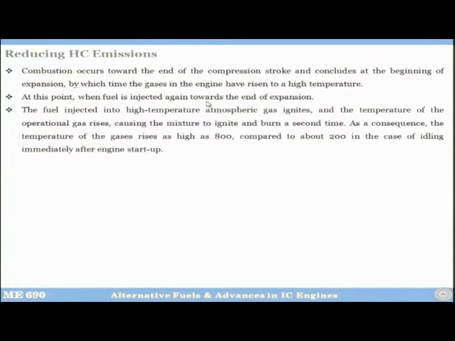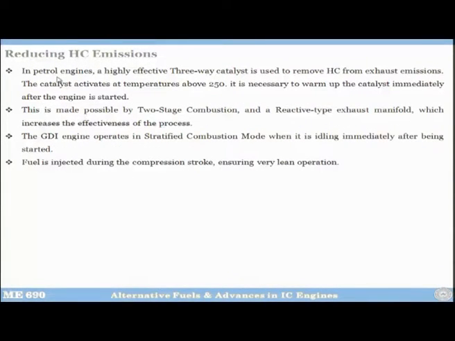At this point, when the fuel is injected again towards the end of the expansion or beginning of the exhaust stroke, it is injected into the high-temperature gas and it ignites, and the temperature of the gas rises, causing the mixture to ignite again and burn a second time, but it does not produce any work. As a consequence, the temperature of the gas rises to as high as 800 compared to 200 in case of idling immediately after startup. So, this is the two-stage combustion.